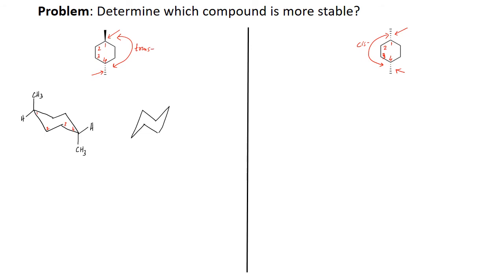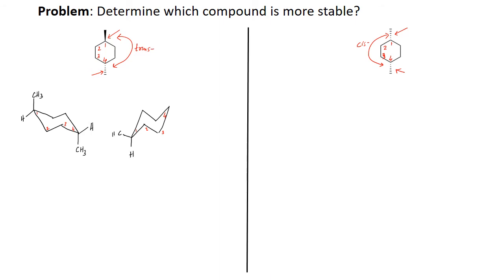And now the headrest in the first chair conformation should become the footrest, and the footrest should become the headrest. And similarly, the methyl group which was on an axial position on carbon number 1 should now go equatorial.